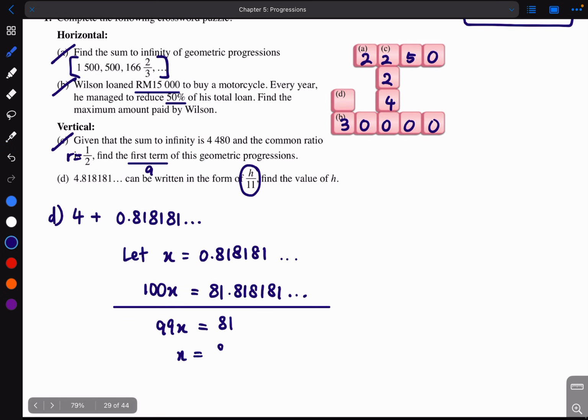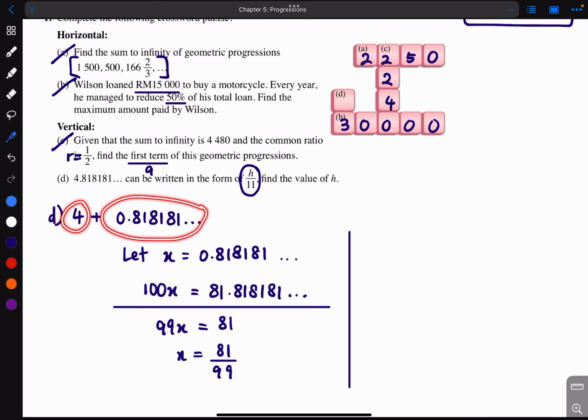So then x is 81 over 99. Okay, we don't stop there. 81 over 99 is just this portion. We need to plus 4. So we can say 4 plus 81 over 99 equals to h over 11.